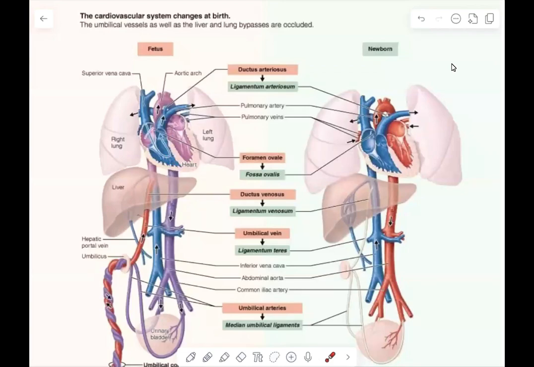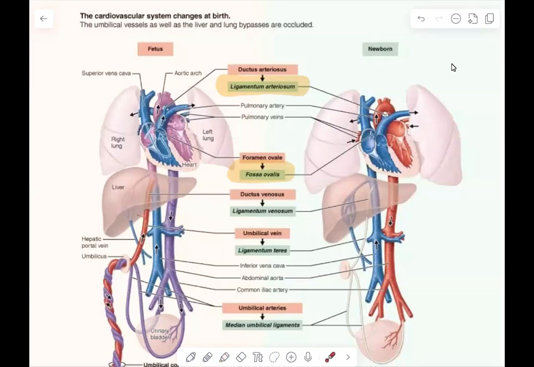So the ductus arteriosus, that is the bypass for the lungs that goes from the pulmonary trunk to the aorta. That's going to close after birth to become the ligamentum arteriosum. The foramen ovale should also close, but it may not close until a year after birth. But when it does, it becomes this depression in the interatrial septum called the fossa ovalis.